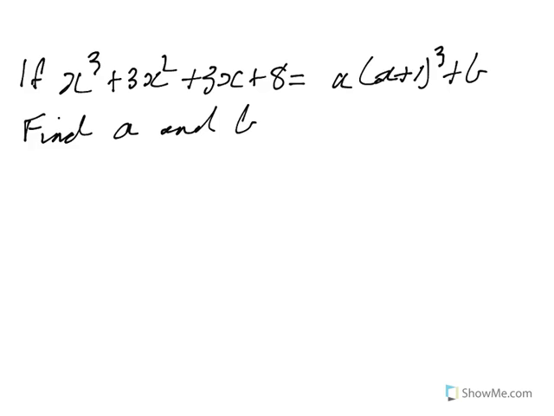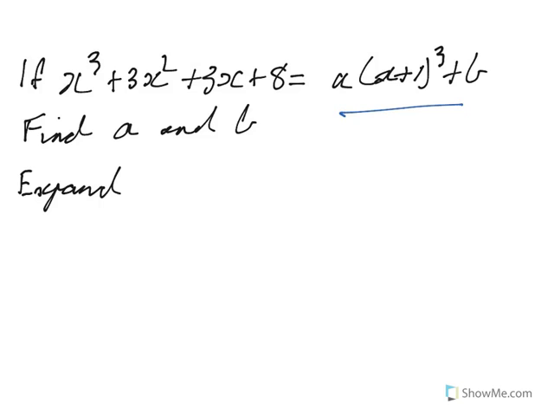So first thing we need to do is expand the one on the right hand side. When we equate the coefficients, we look at each of the terms, the cube, the squared, etc., and we equate the coefficients in each of these sides of these polynomials.